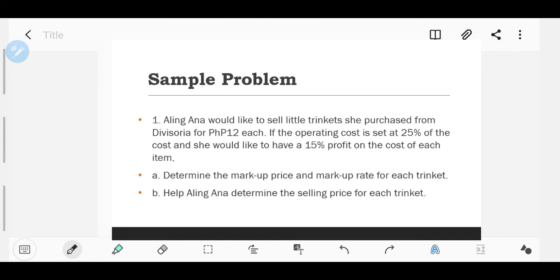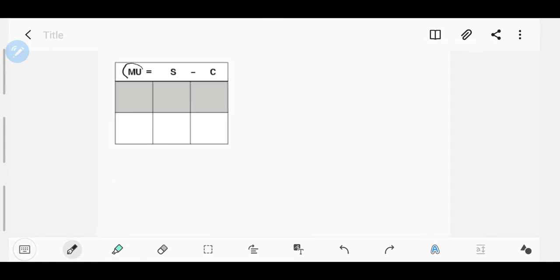So, ang hinahanap muna natin dito, ang kailangan nating mahanap ay markup price, the markup rate, as well as the selling price. So, kailangan natin to, pero meron na tayong cost. Okay.